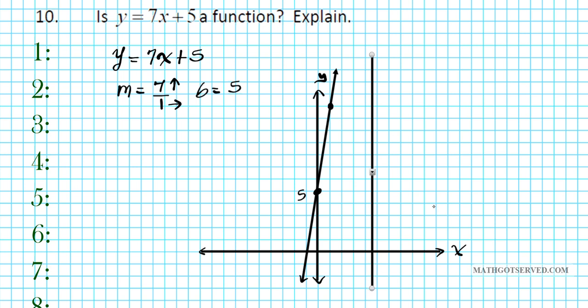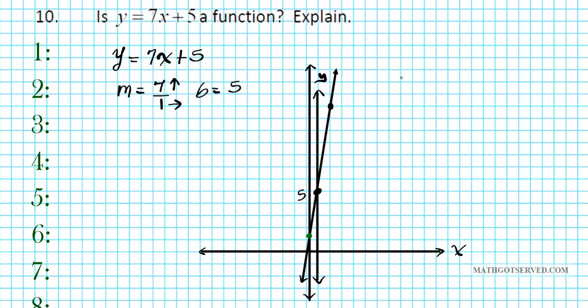We can clearly see that a vertical line intersects this line at exactly 1 point at any point in this domain. Okay, so this line passes the vertical line test, so that tells us that the related graph is a function.